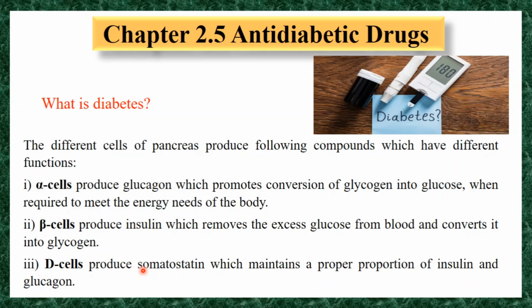Hence there is an increase in the concentration of glucose in the blood, a condition called hyperglycemia, and the blood glucose level rises above the normal level, which is 60 to 90 mg per 100 ml.